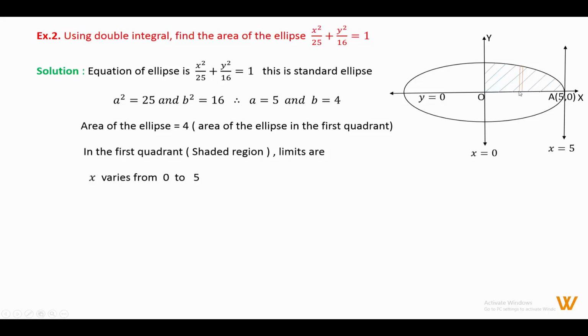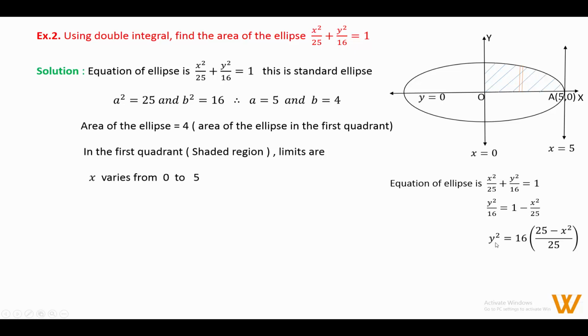Now here y is 0, and find the value of y by using the equation of the ellipse. Equation of ellipse is x square by 25 plus y square by 16 equal to 1. Therefore y square by 16 is equal to 1, and this term on the right hand side becomes minus x square by 25.